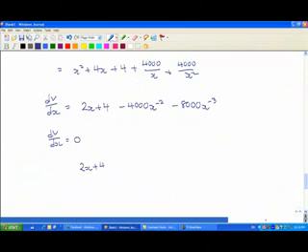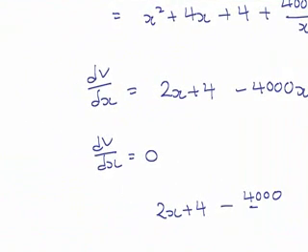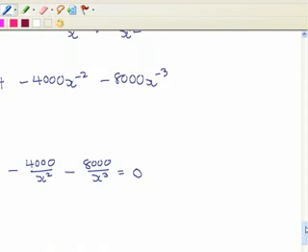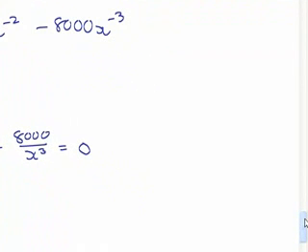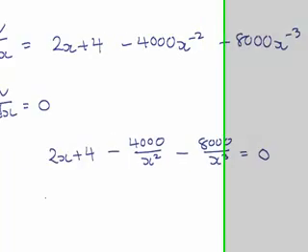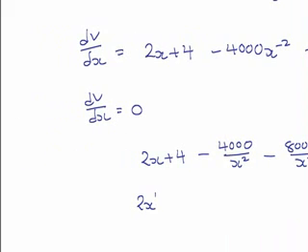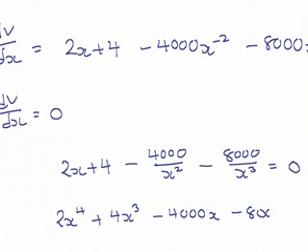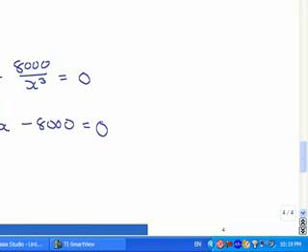And doing a bit of simplification, what we will have is 2x to the power 4 plus 4x cubed minus 4000x minus 8000 equals 0.